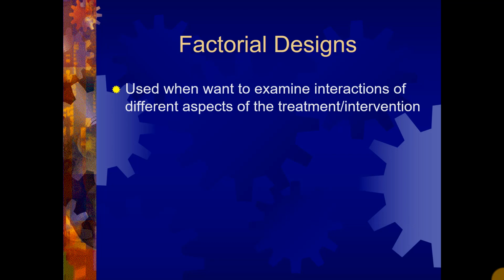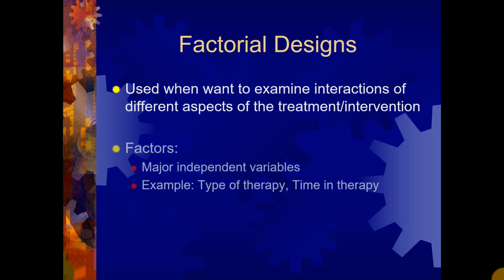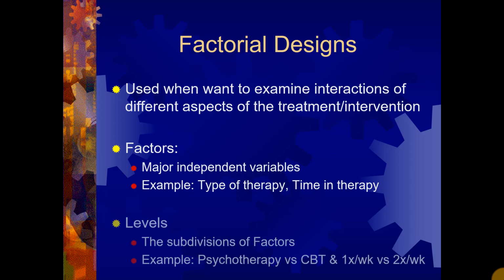So there's different aspects. The factors, this is the terminology that you should know. The factors are the major independent variables that we might be interested in, like type of therapy or time in therapy. And then the levels are subdivisions or categories of those factors.